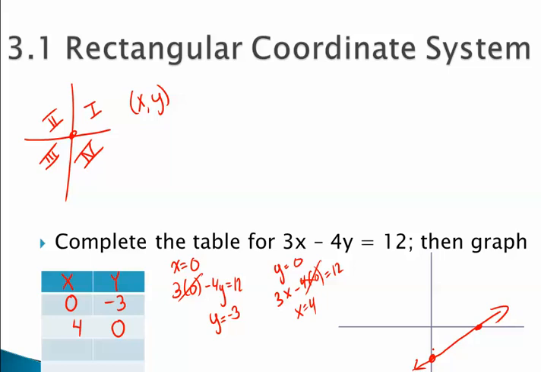It's always a good idea to do a third point just to make sure that it's in sync and linear with the other two. You can do that by picking any number for x or y and then substituting into your equation. It's kind of nice though if you pick a multiple, it will be consistent and you won't have to deal with fractions. So if we plug in 8 for x, this would be 3 times 8 minus 4y equals 12.